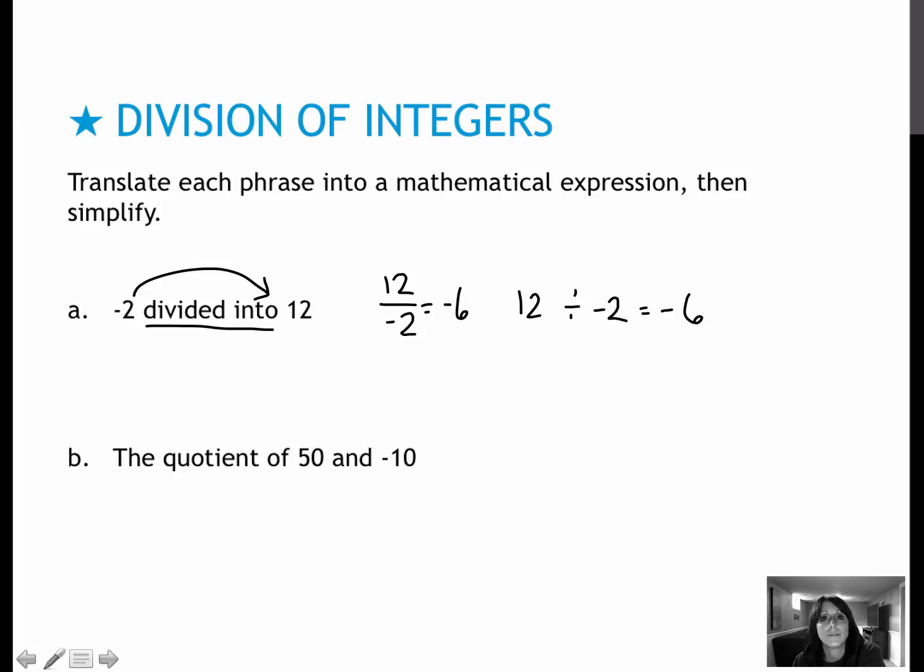Either way I write it. For my last question, the quotient of 50 and negative 10, that's 50 divided by negative 10. This negative doesn't match up with anything else, and so I would get an answer of negative 5 as my result.